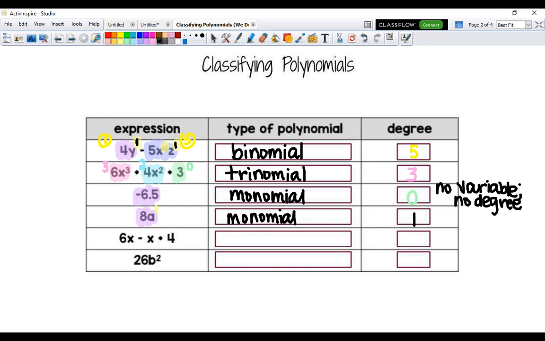So I can combine these terms. And when I combine them, I get 5x plus 4, which gives me a binomial. And so I'm looking for my variable. I only got one. It doesn't have an exponent. Therefore, my degree is 1 because that's the exponent.